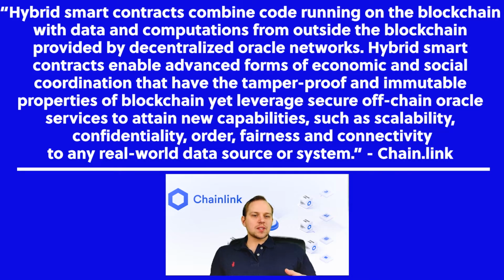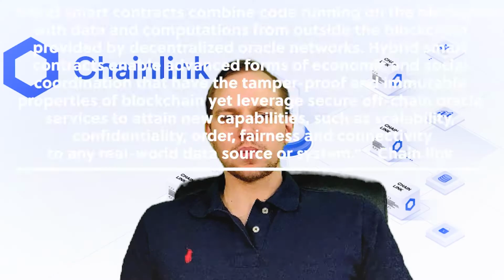Hybrid smart contracts enable advanced forms of economic and social coordination that have the tamper-proof and immutable properties of blockchain, yet leverage secure off-chain oracle services to attain new capabilities such as stability, confidentiality, order, fairness, and connectivity to any real-world data source or system.